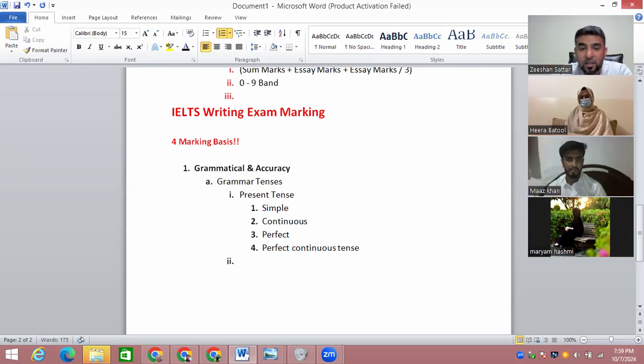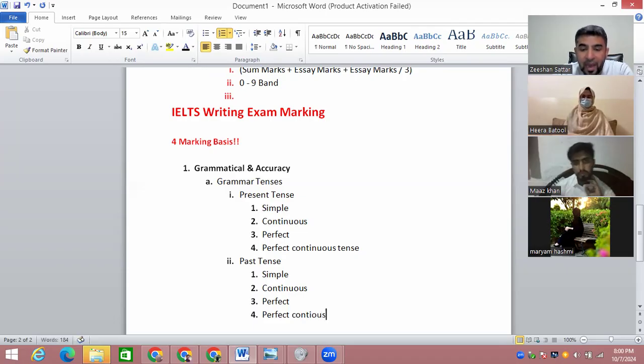So the first tense that the examiner looks into is the present tense. The second tense that the examiner looks into is the past tense. In the past tense, again there are the same 4 conditions: number 1, the past simple, then the past continuous, number 3 the past perfect, and number 4 the past perfect continuous. Then the next one is the future tense.